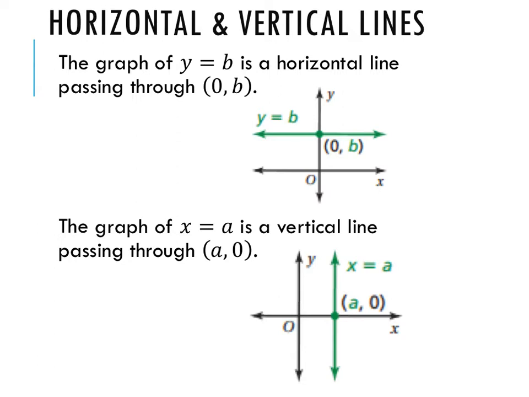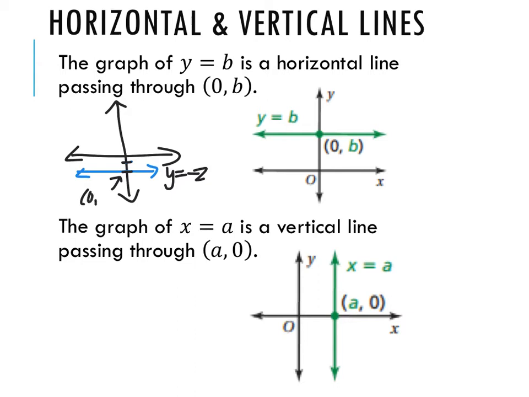And maybe I'll even do a negative number. So say this was 2 down, so this would be crossing at y equals negative 2, and that y-intercept would be (0, -2). So that would be a good example for you.